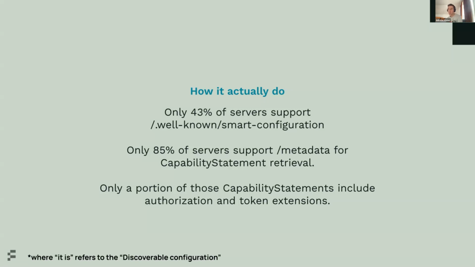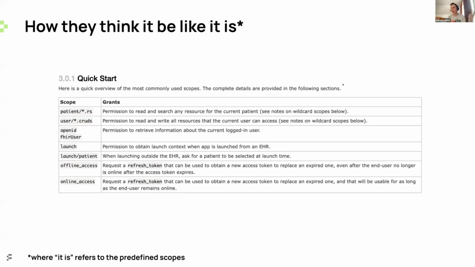But only 43%, and then only 85% support metadata, and a smaller percentage of those actually hide metadata behind patient authorization. So you can only figure out the capability statement once you've connected and started to pull resources, which is just bad design. It's just bad implementation. But it's that entropy.